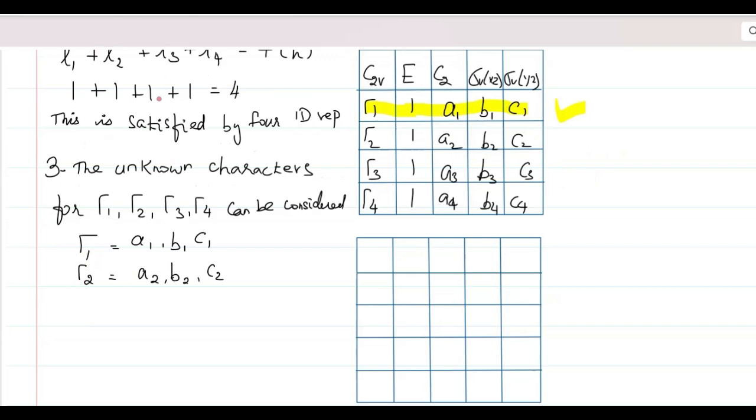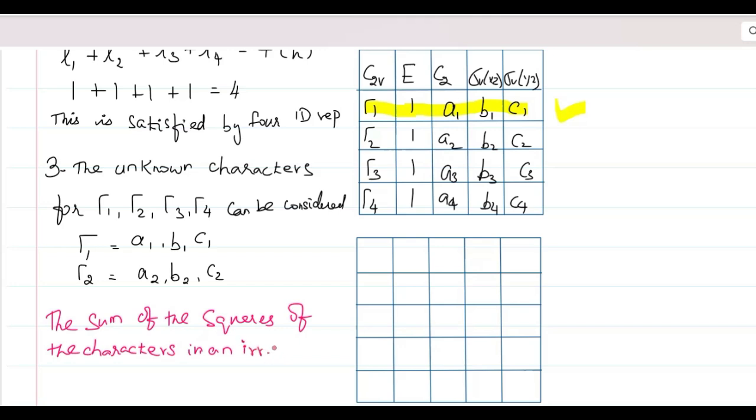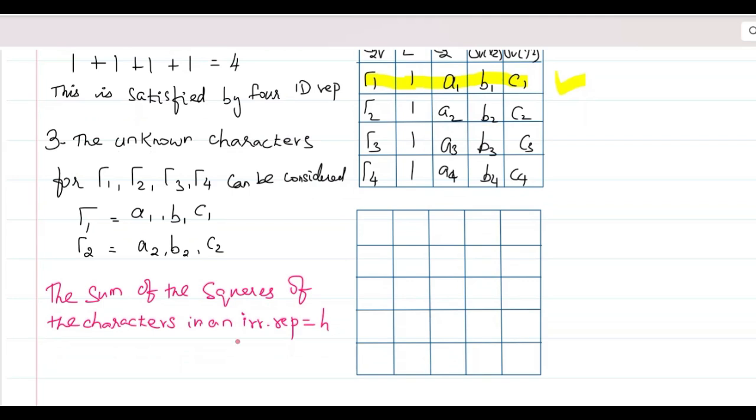So according to the third rule, the sum of the squares of the characters in any irreducible representation should be equivalent to h. So for the first irreducible representation, we have 1 square plus A1 square plus B1 square plus C1 square, and that should be equivalent to 4. How will this be satisfied?